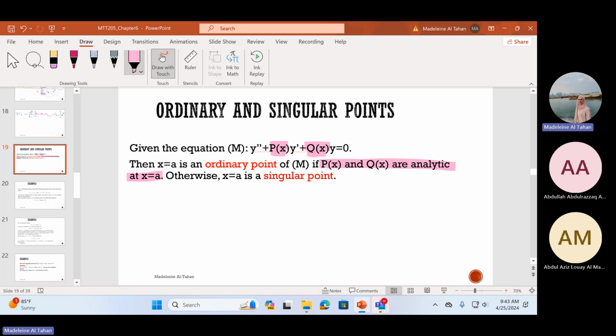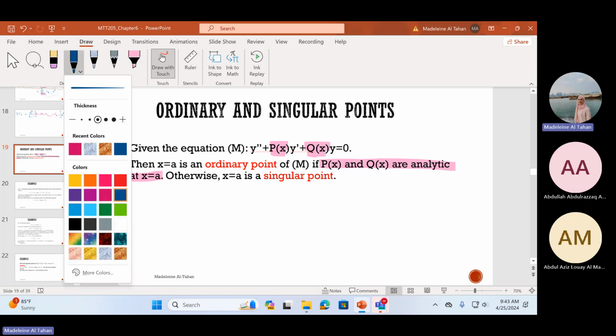Let's please stop writing. Any idea what we mean by analytic? Can we differentiate it? We can have the derivative of it, right? So what do we mean by analytic?